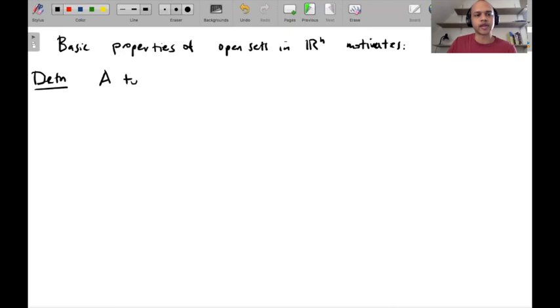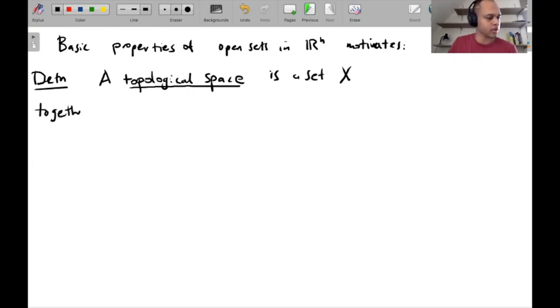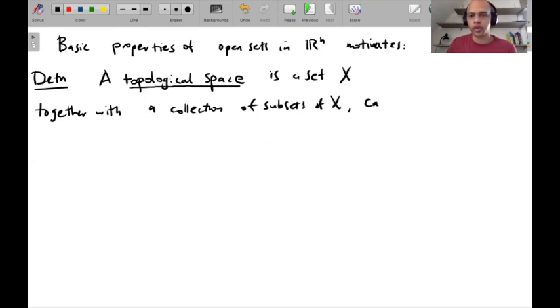So a topological space is a set X together with a collection of subsets of X, which are called open sets, so that, well, we want the following properties.